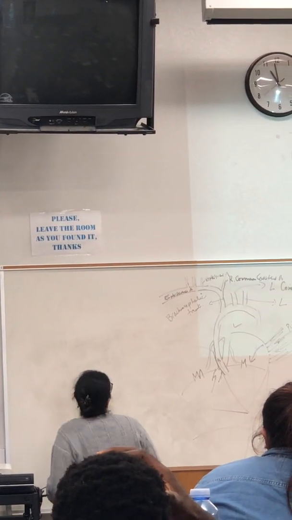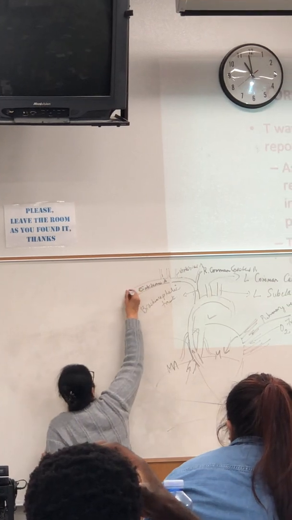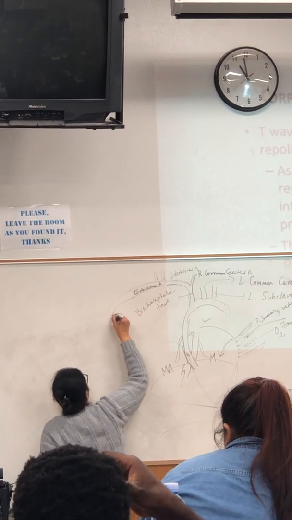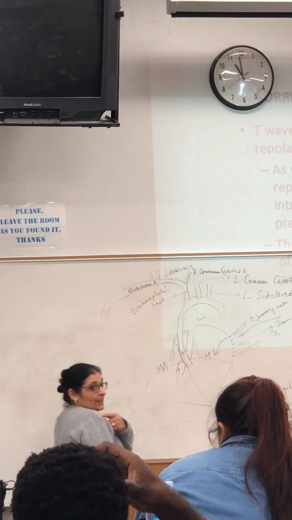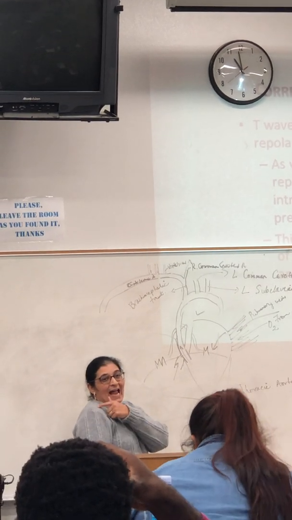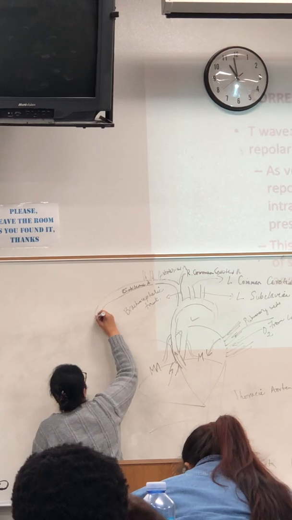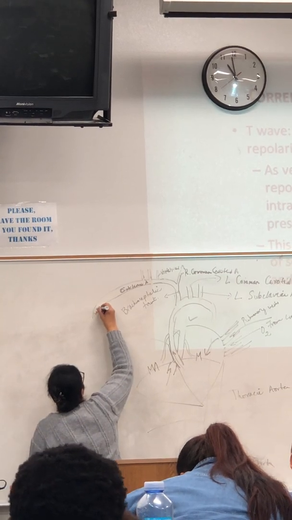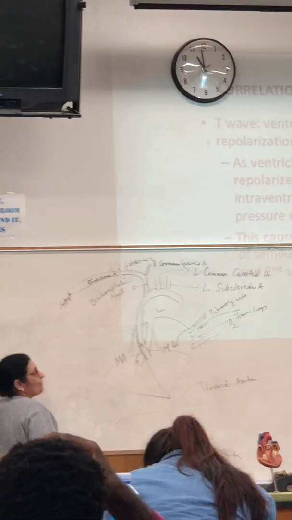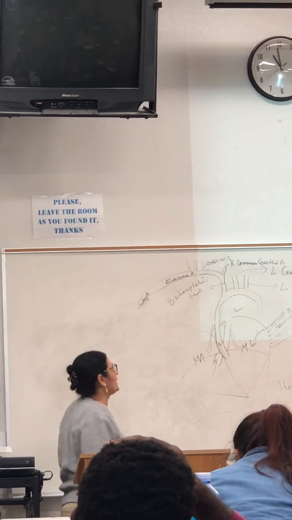Then this branch, the subclavian artery, goes into your shoulder region, this region, and it becomes the axillary artery.